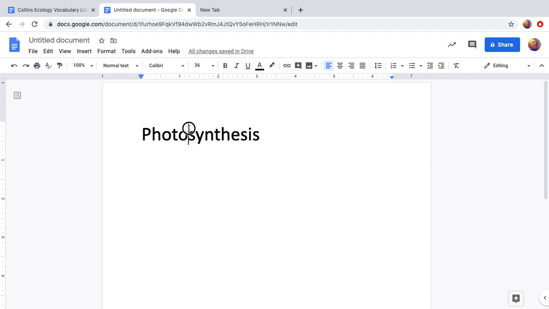Or it might be something like nutrient synthesis or food synthesis. It would be something other than photo. What photo means is light. So photosynthesis is how plants use light to make food. That's why the word photo is in there.